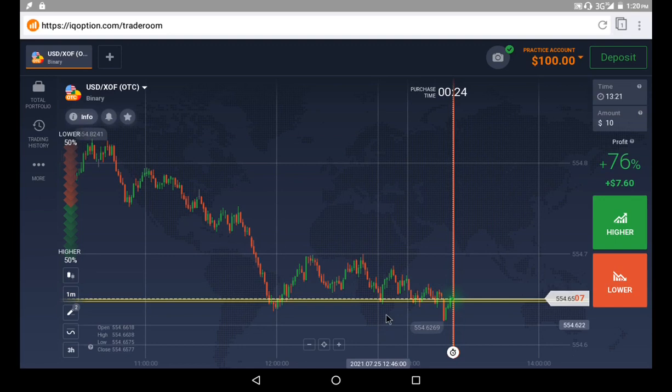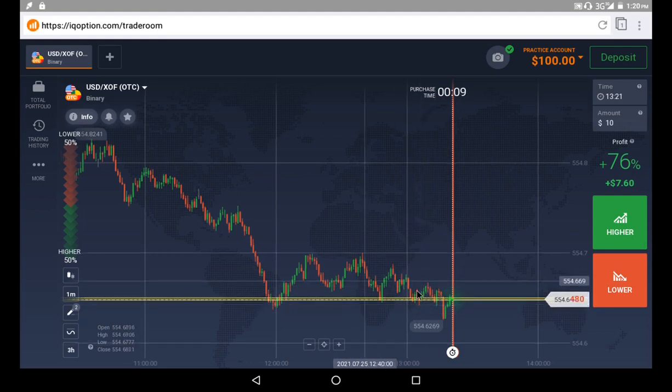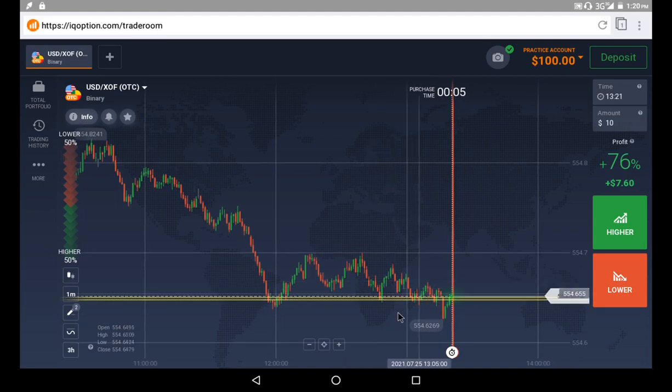Like in this scenario that we just saw, the number didn't end with many zeros, it only has 1 zero and it is 65 something, 554.66 something attached to it, but look at it, it is working.